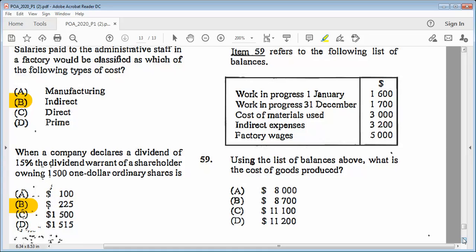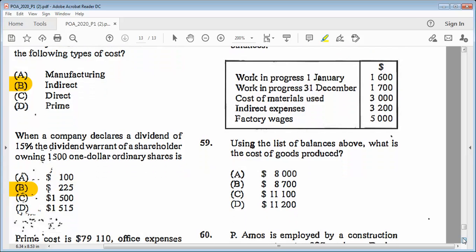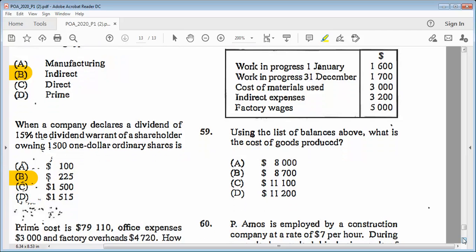Using the list of balances above, what is the cost of goods produced? Is it A, $8,000, B, $8,700, C, $11,100, or D, $11,200? So, how do we calculate this?